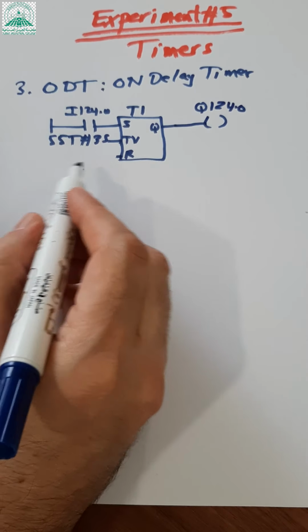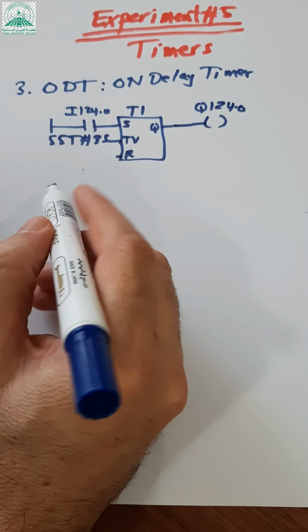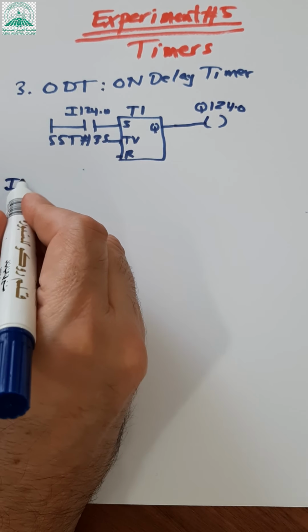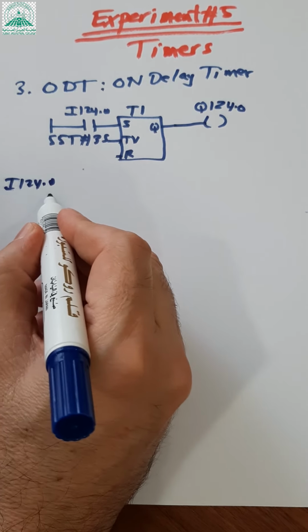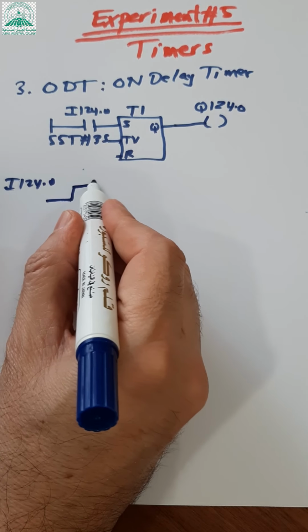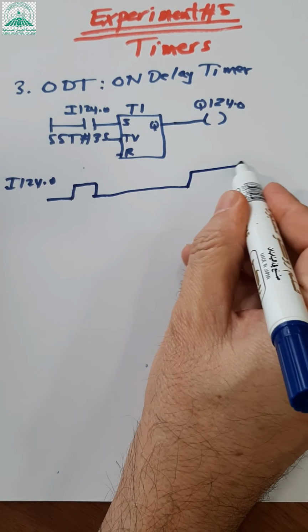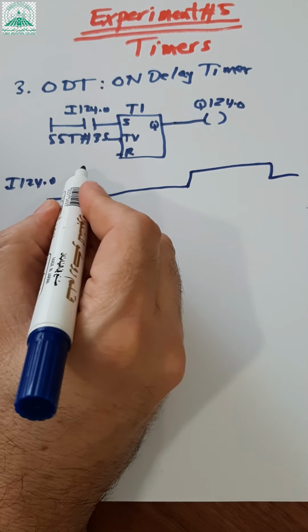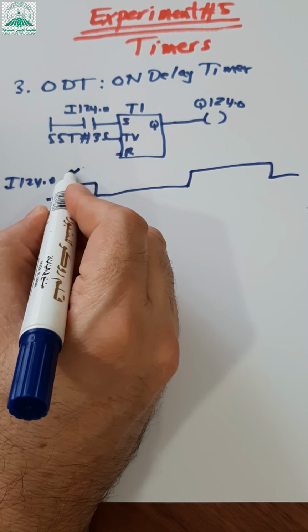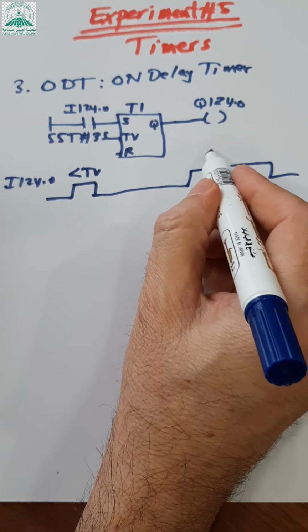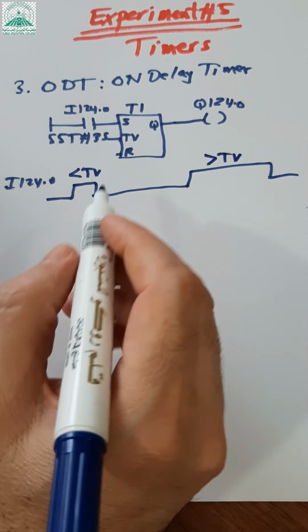So we'll begin explaining the operation of this timer with a timing diagram. Let's say I124.0 has 2 pulses, one short pulse and one long pulse, like this. The first is less than the TV value, which is 3 seconds in this case, and this one is greater than the TV value.